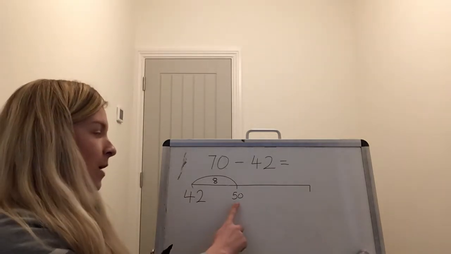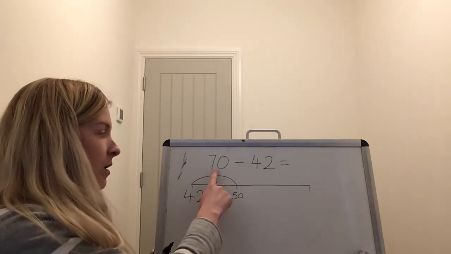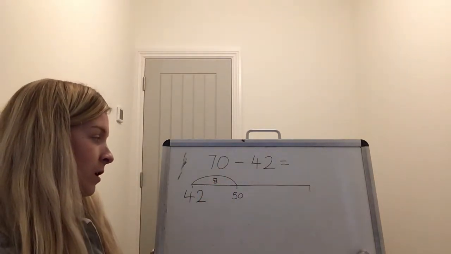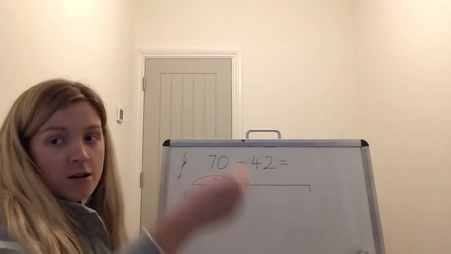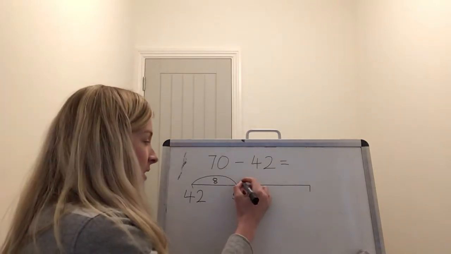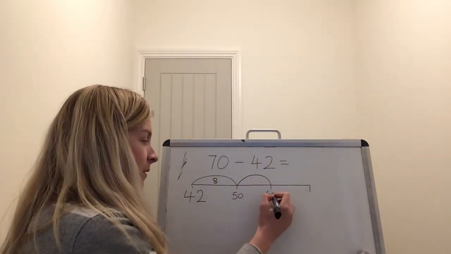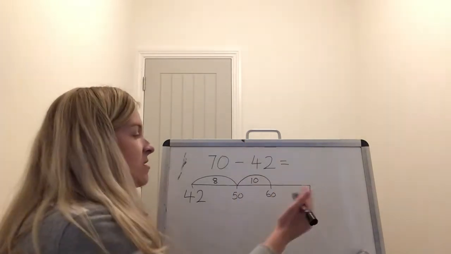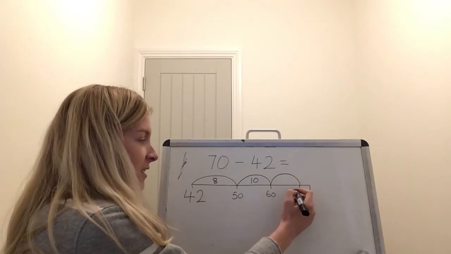So now I'm at 50, I still need to get to 70. So I could jump forward another 10 to take us to 60. That would be 10. Then I could jump forward another 10 to get to 70.